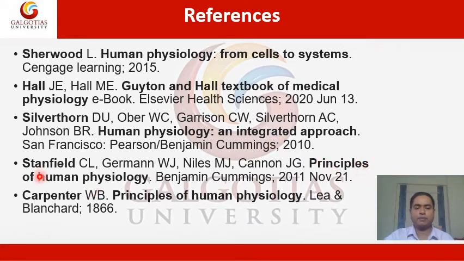Principles of Human Physiology, written by Carpenter, is also a very informative book. So you can go with any of these books. I will recommend you learn from Sherwood and Guyton.